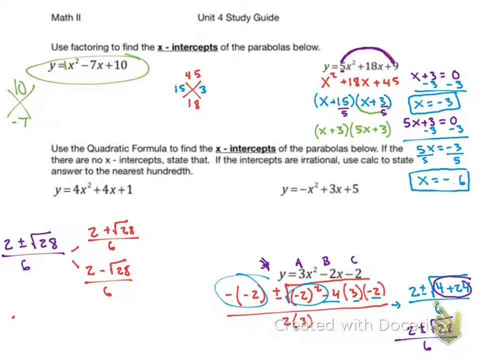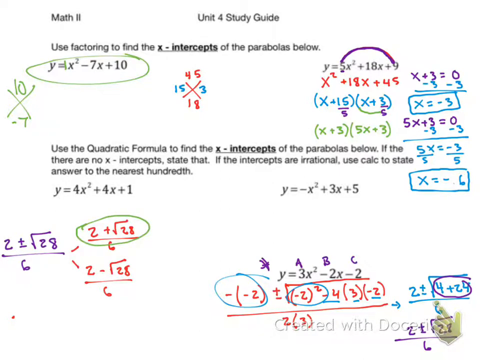Right, and remember, if your discriminant is a positive number, you know you have two solutions. So we have to have two solutions here. Here's one of them. Here's the other one. So if you plug these into your calculator, I'm going to need a calculator to solve these. So it's best to do 2 plus square root of 28 first.